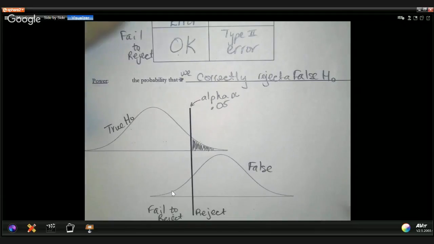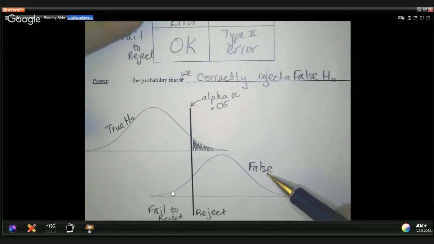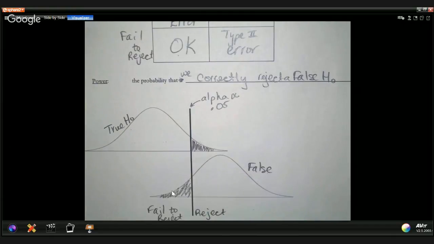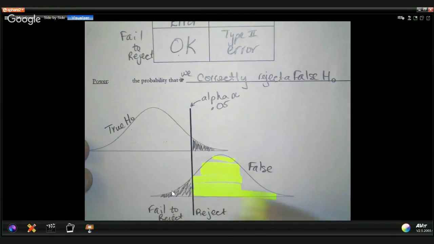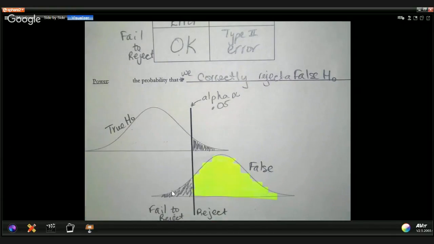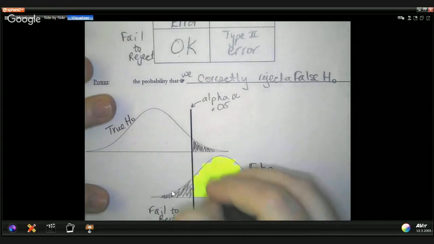Now, if the null hypothesis is false, this is the percent of time that we do it correctly, because when it's false, you're supposed to reject it anytime there. And this in the center is called your power.